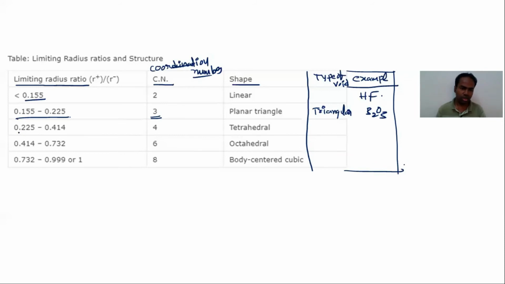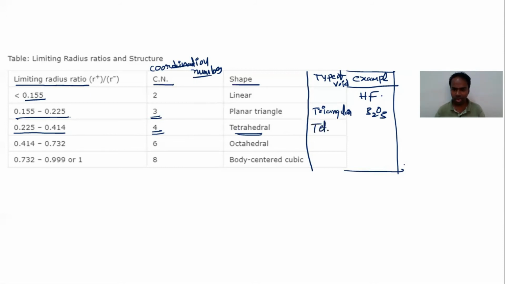The radius ratio increases from 0.225 to 0.414, and obviously its coordination number increases. The shape is tetrahedral. If the cation is surrounded by 4 anions and you join the centers of the 4 anions, you get the tetrahedral shape. The void is called tetrahedral void.